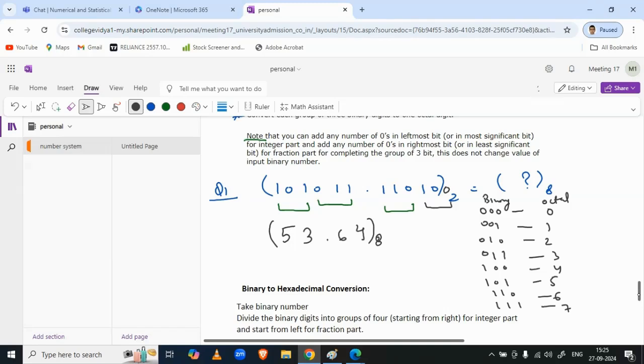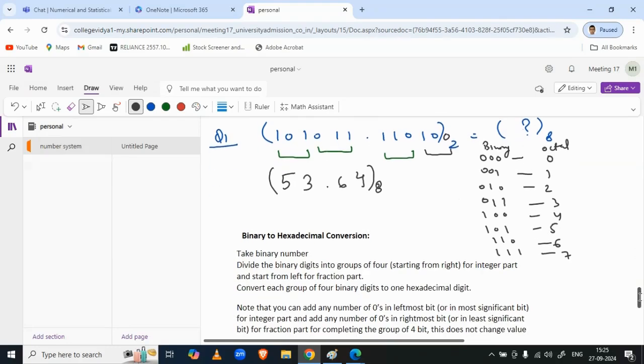Right. So 101 means 5, 011 means 3, 110 means 6, 100 means 4. So this is how we performed binary to octal conversion here.